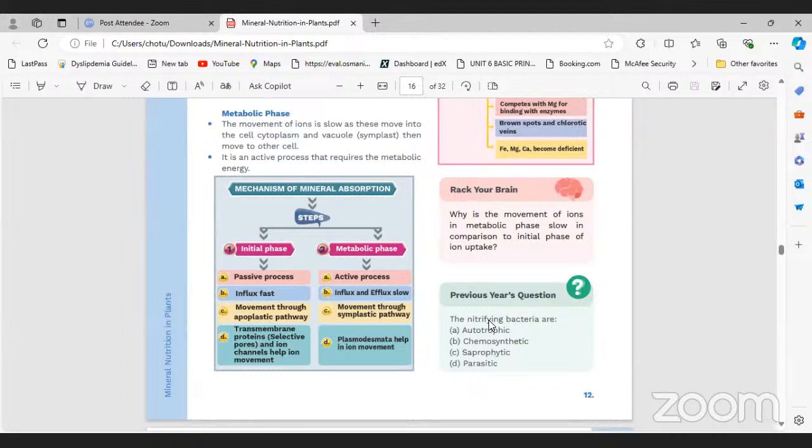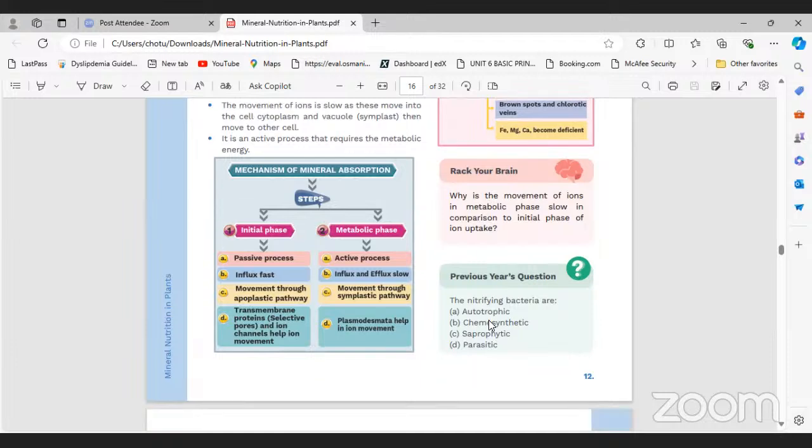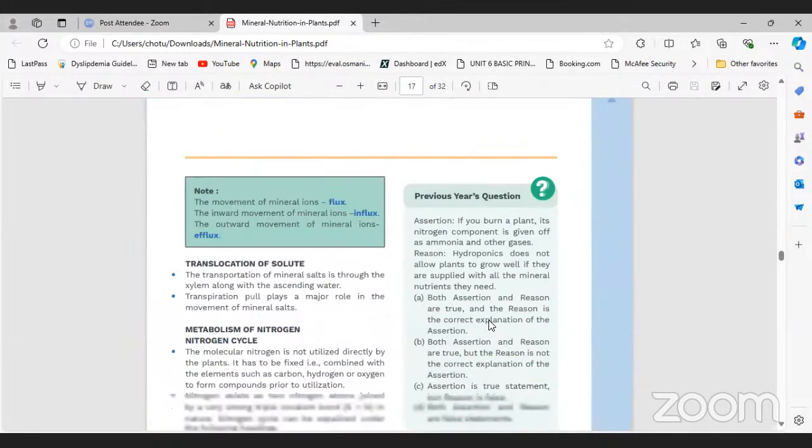Transmembrane proteins, selectively permeable channels, help in the movement. Plasmodesmata help in the movement. This is the total movement.